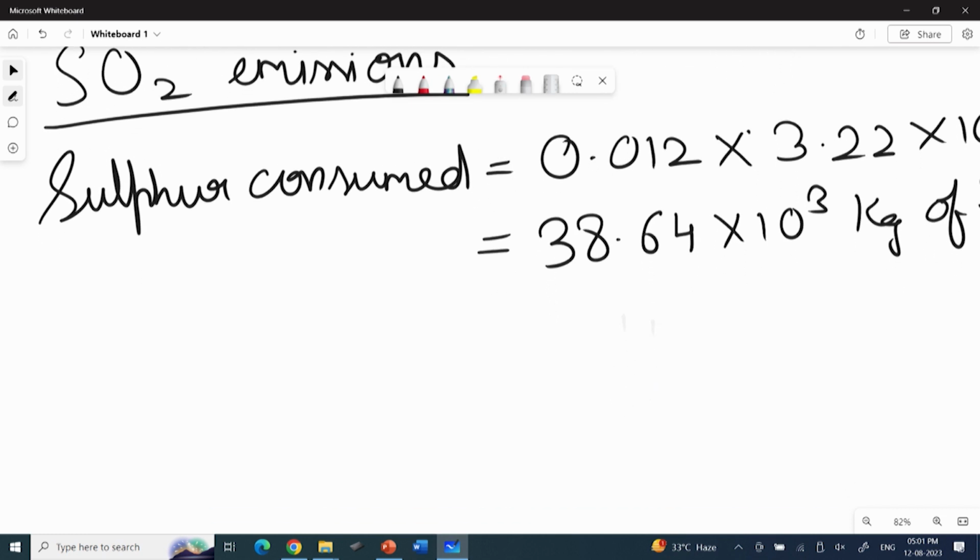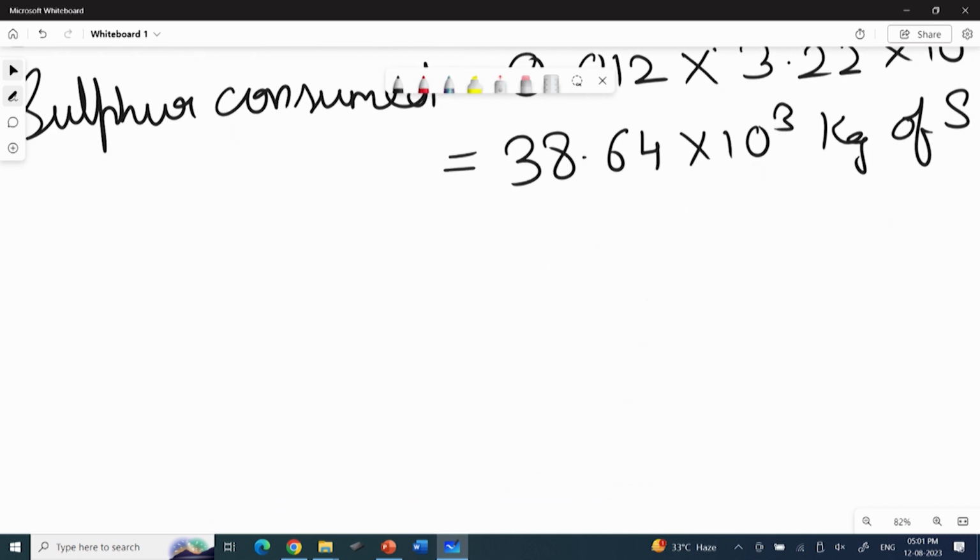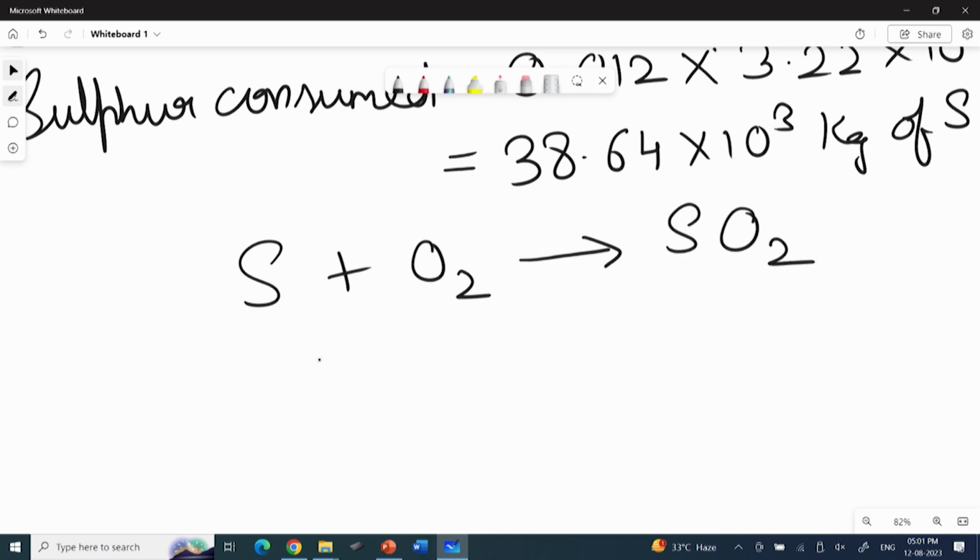Again, we can have a simple equation for the production of SO2, which is sulfur reacting with oxygen, or 1 mole of sulfur and 1 mole of oxygen producing 1 mole of SO2. So this is basically 32 grams of sulfur combining with another 32 grams of oxygen and producing 64 grams of SO2.